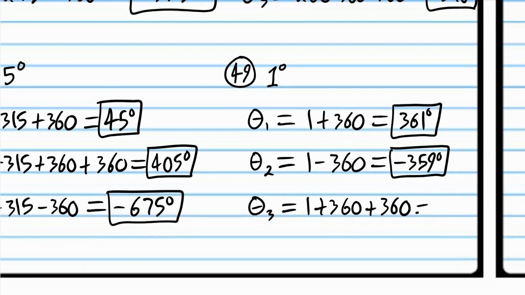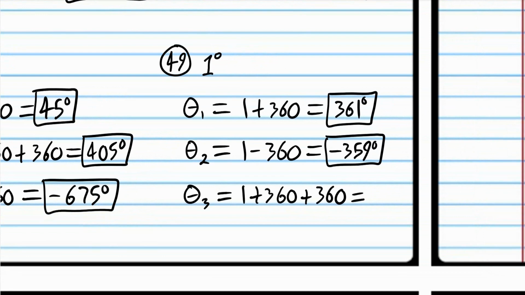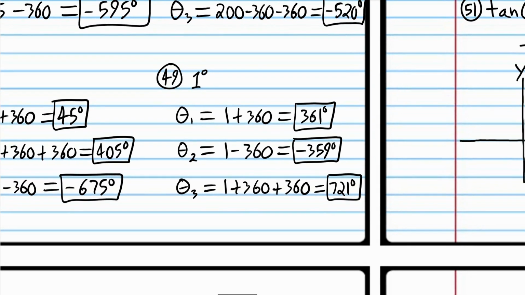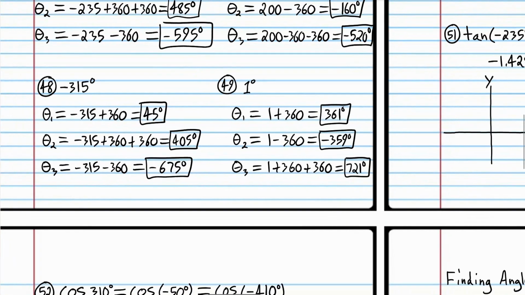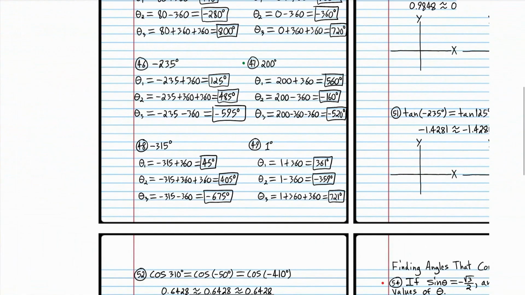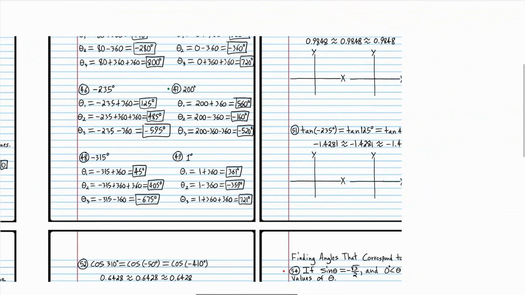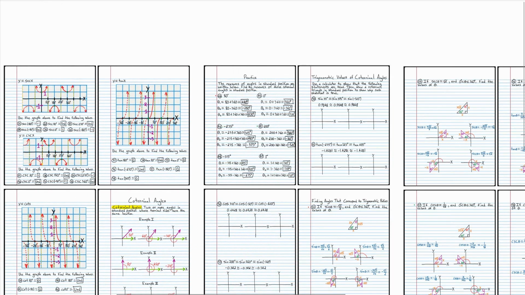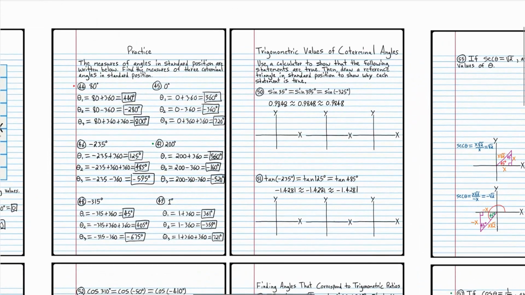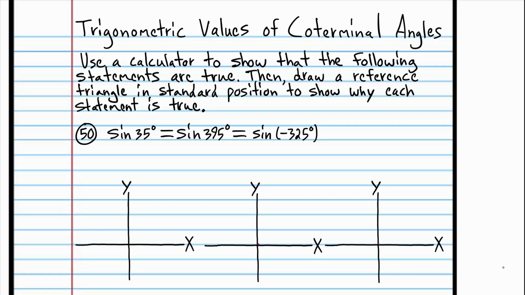So we rotate twice, starting from 1 degree, and we get 721 degrees. So those are just some possible answers that you may have gotten. Okay, so those are coterminal angles. You just keep rotating 360 degrees, 360, 360, or in the opposite direction, negative 360, negative 360, negative 360.